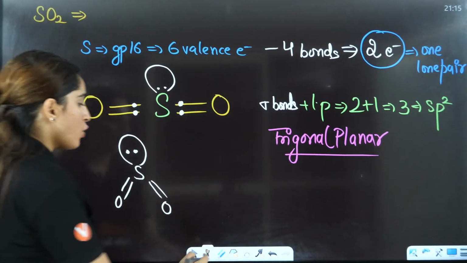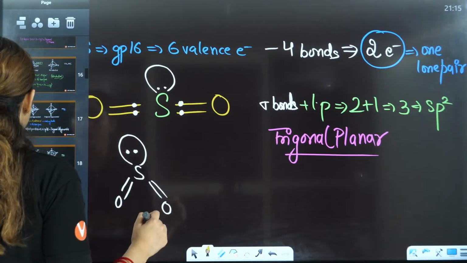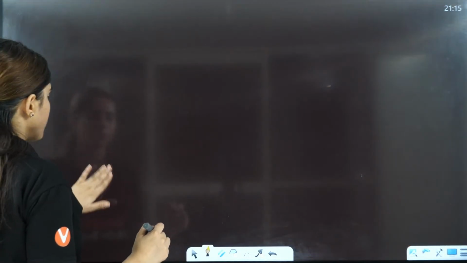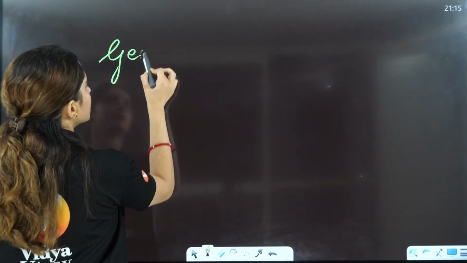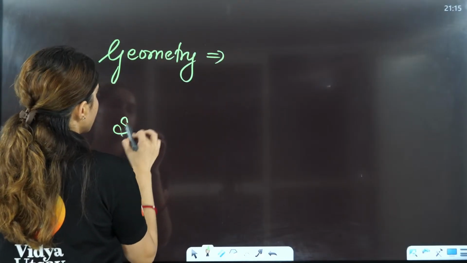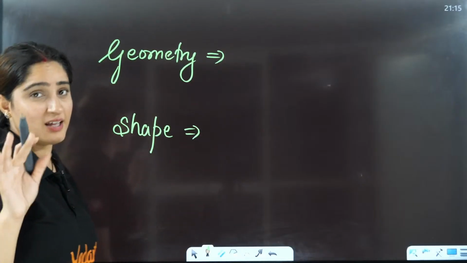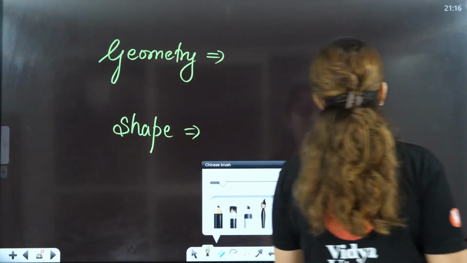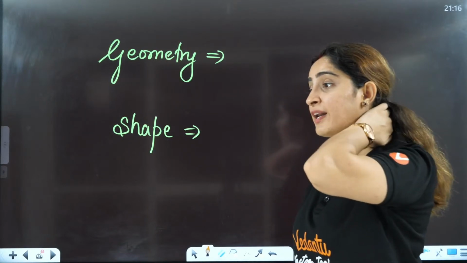Now, a very interesting thing we are going to do, which I'll write here. What is the difference between geometry and shape? Usually, in JEE questions sometimes they ask geometry but they write shape.